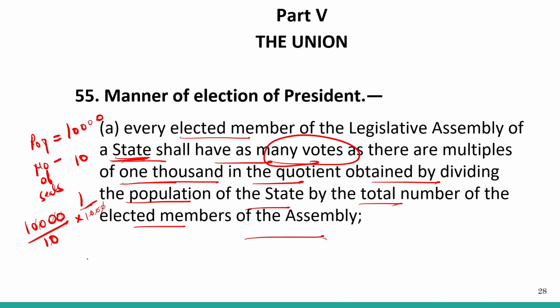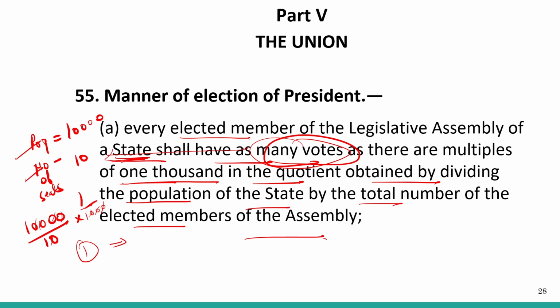So for elected members, 1 vote will be there if the population is 10,000 and the number of seats is 10. And how do we do it? We divide the quotient in the multiples of 1000 to get the number of votes. So the number of votes will be calculated through this particular method.